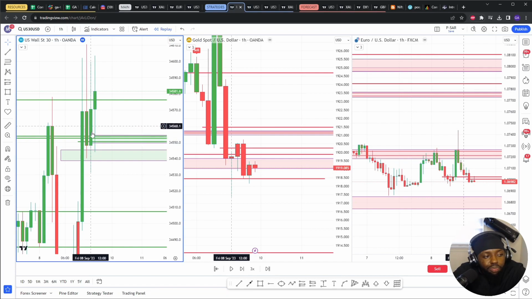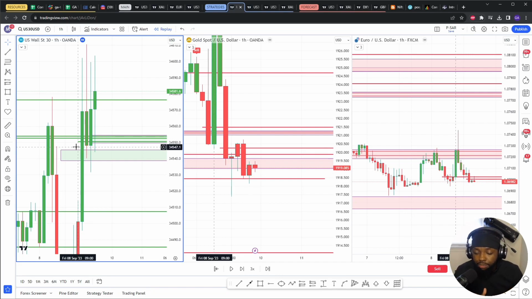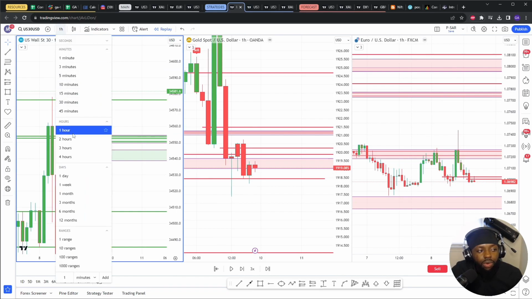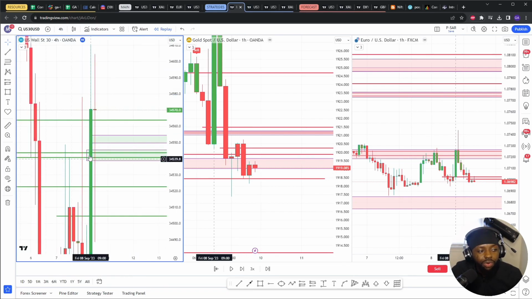Now, for me to enter a trade in this zone, I would need a break and continuation. Now, what that means is, and keep in mind, it's in the same time frame you marked up. So for example, right here, I can tell, even though this zone is boxed up, you don't see any SARs there, right? So this means that this zone was in the 4 hour, because if we go down here to the 4 hour, you'll see those double SARs.